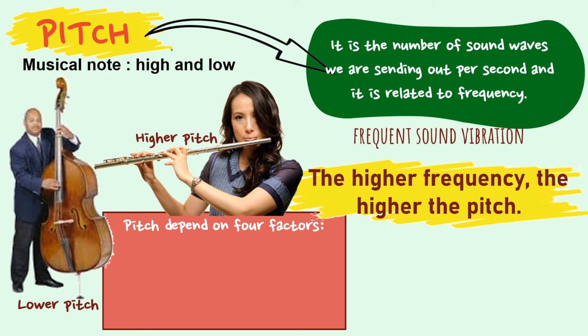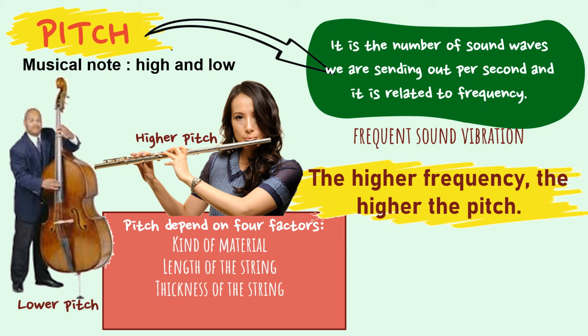Take note that pitch depends on these factors: kind of material, length of the string, thickness of the string, and of course tightness, or how it is stretched. As you notice, if you have guitars at home, the strings of the guitar have different sound or pitch.